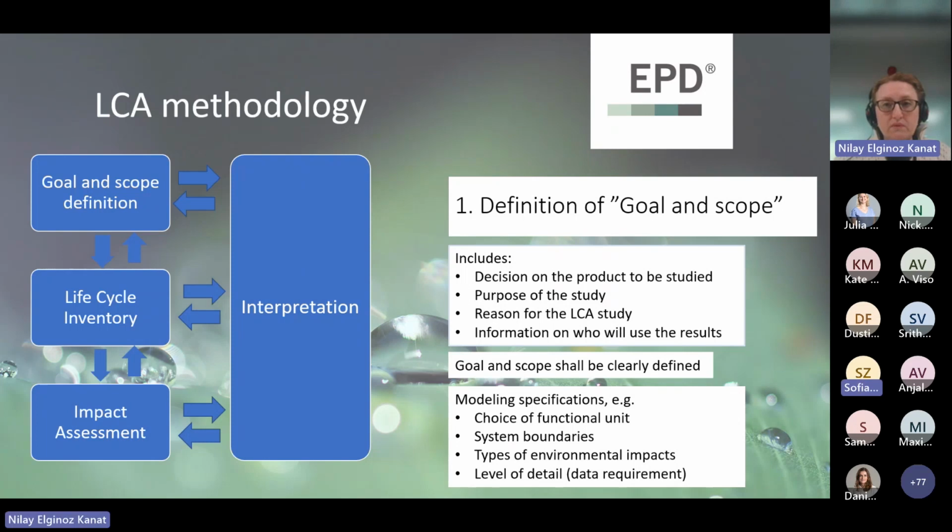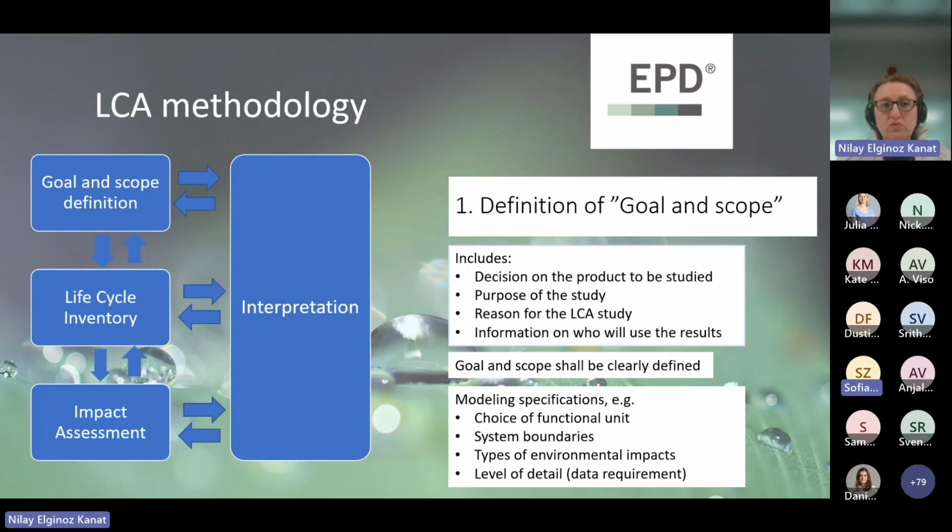The first phase is goal and scope definition, where you decide the product and the function of what you will study, and then the purpose and the reason of the study. For example, your reason might be to have EPDs, or to compare your product with other products, or to enhance your product, as in the first slide I showed.